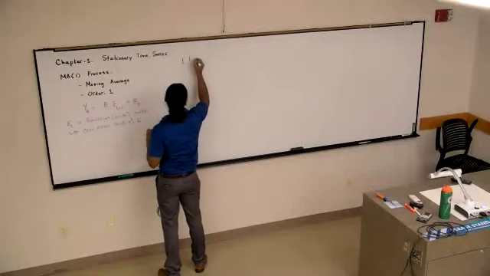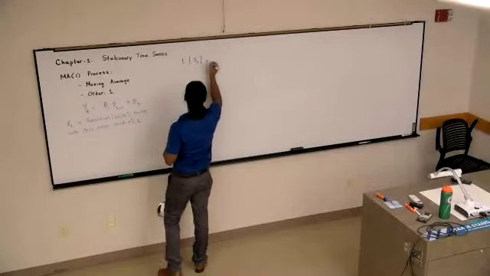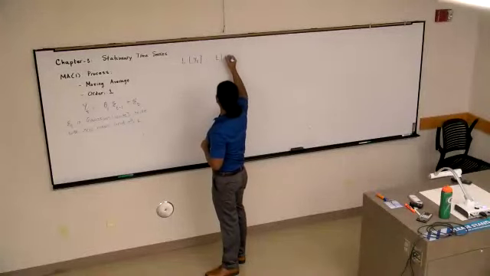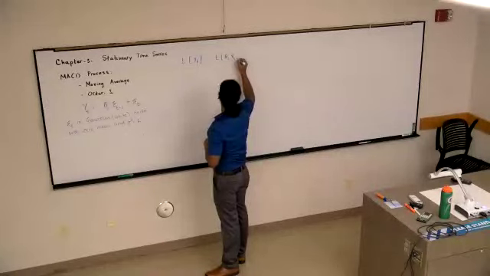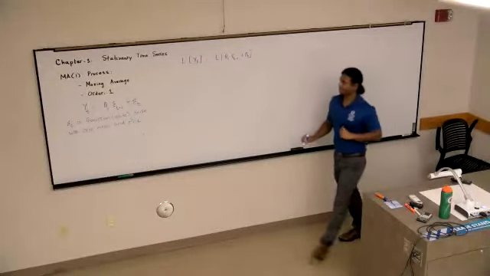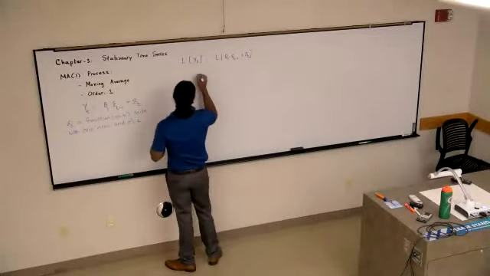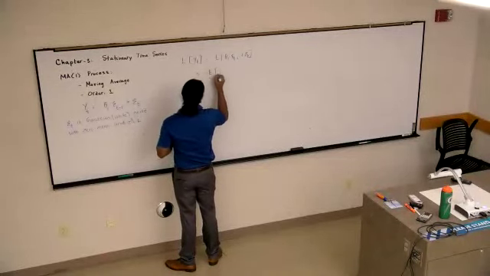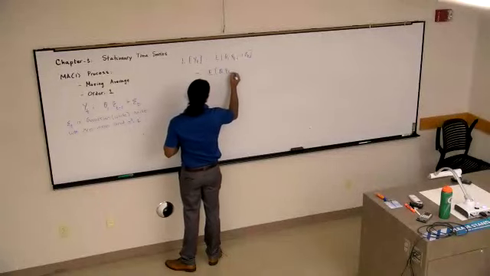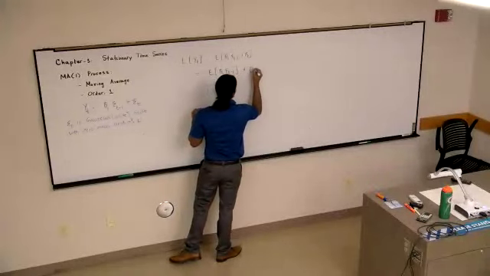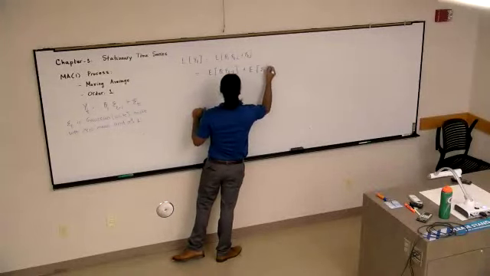But if I did expectation of yt, we will have expectation of theta 1 epsilon t minus 1 plus epsilon t. I can distribute, so theta 1 times the expectation of epsilon t minus 1, plus expectation of epsilon t.